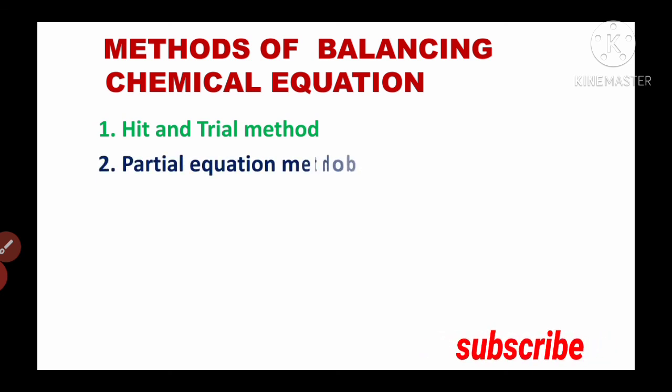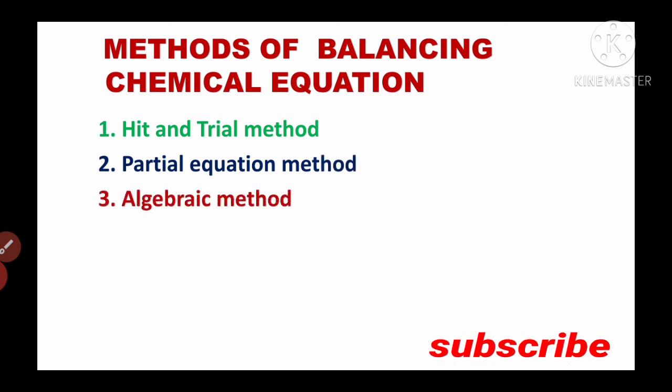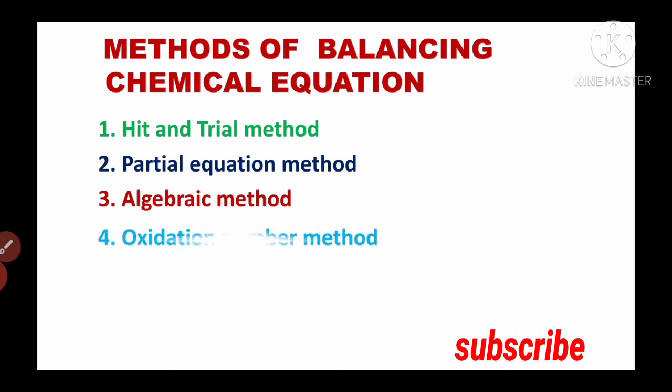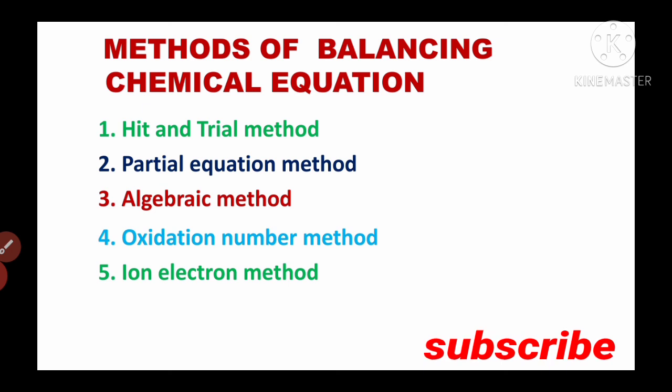The third is the algebraic method, which we can use for complex reactions. The fourth is the oxidation number method, and the fifth is the ion electron method. The oxidation number method and ion electron method we are going to study in our intermediate stoichiometry.